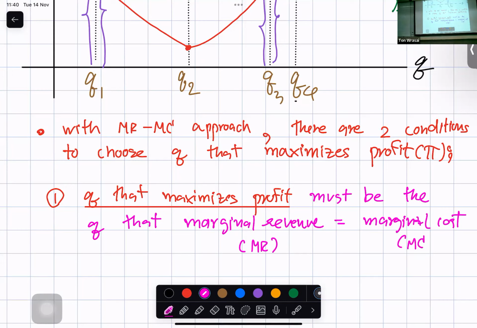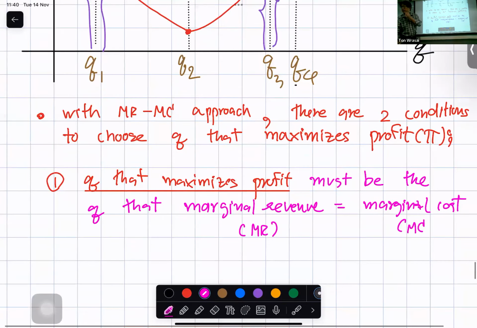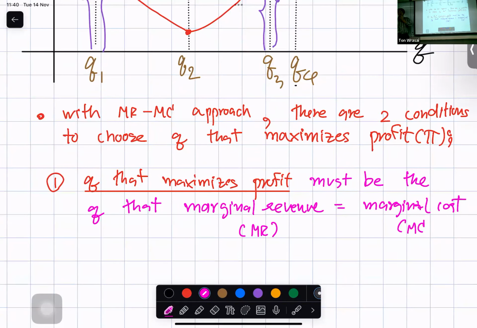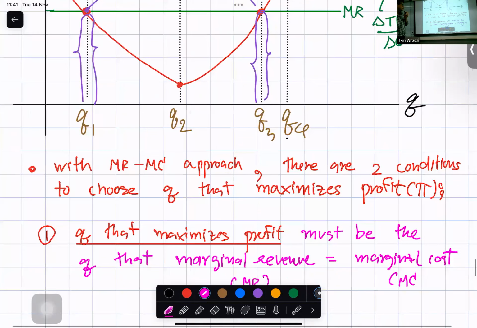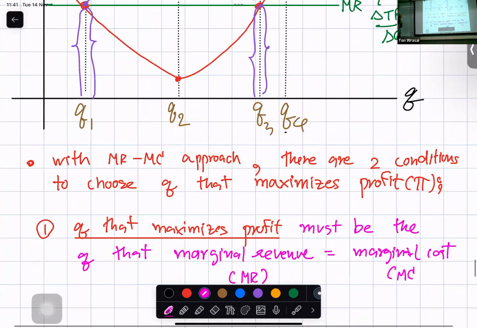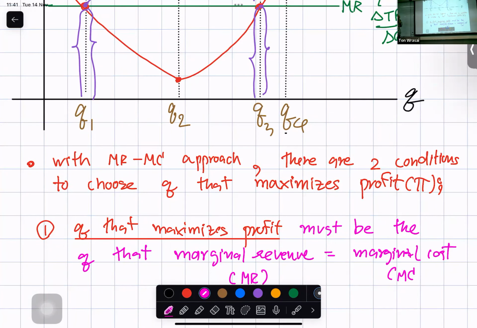The first requirement: the Q that maximizes profit must be the Q where MR equals MC. Looking at the picture, which places would be candidates for the profit-maximizing Q?